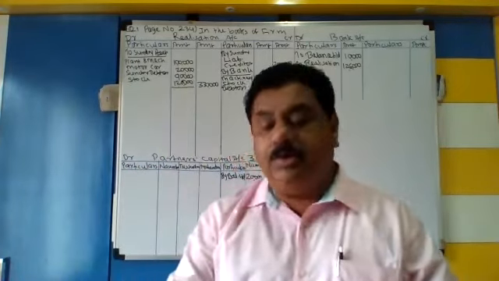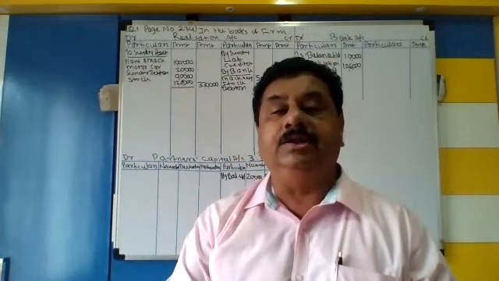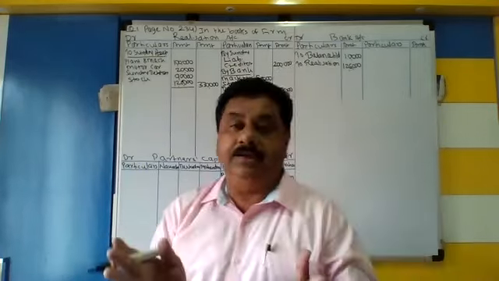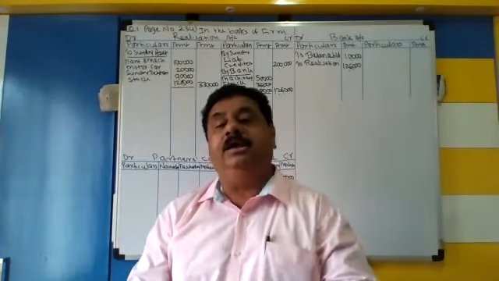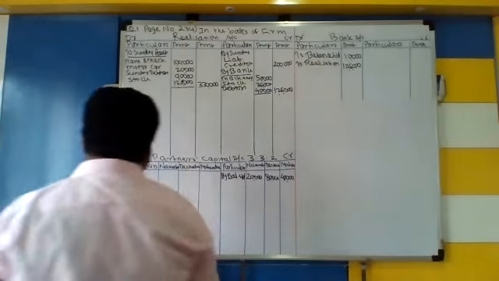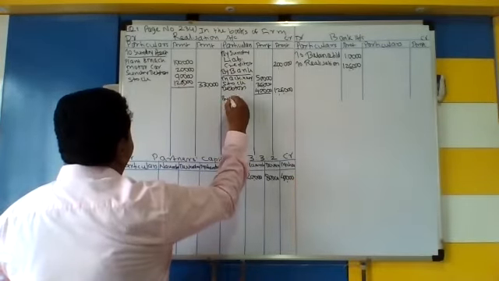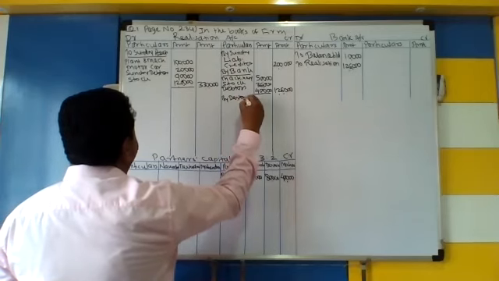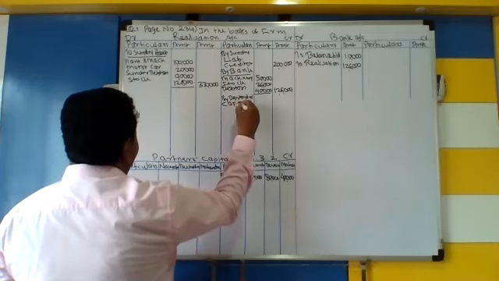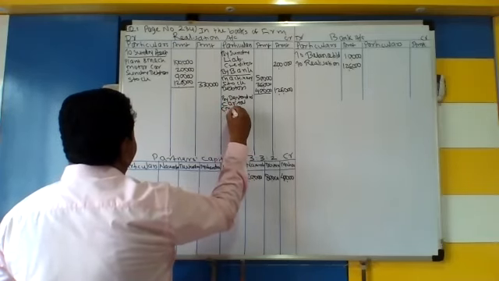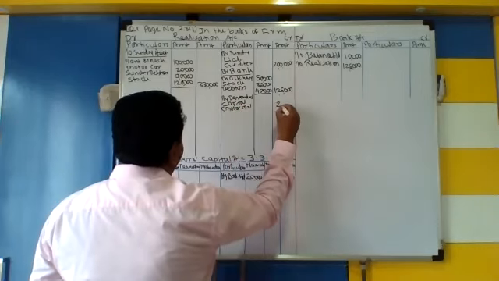Motor car is taken over by Devendra for rupees 26,000. When asset is taken over by a partner, entry is to be taken here as partner's capital account debit to realization. Okay. So here it is, Devendra's capital account debit to realization. You write here by Devendra's capital, in the bracket mention motor car, 26,000.